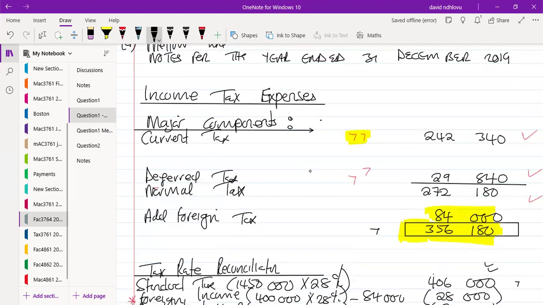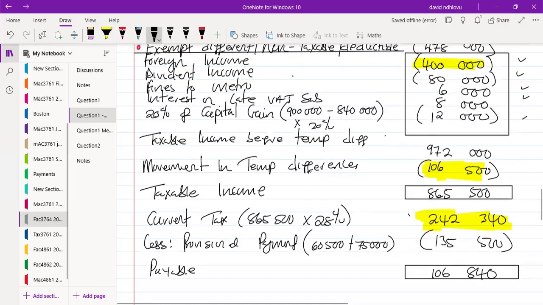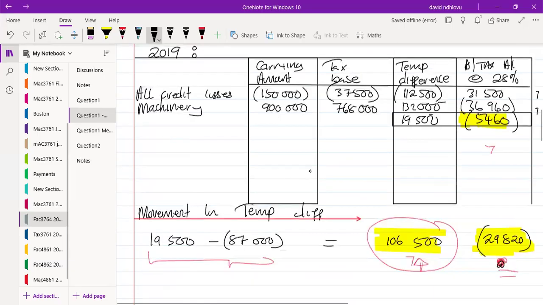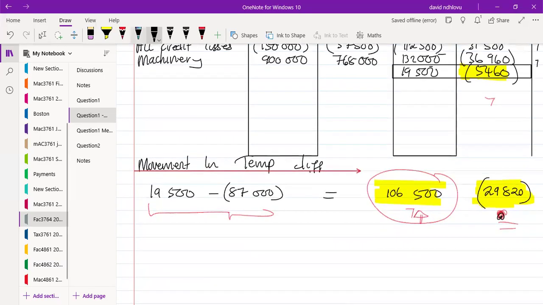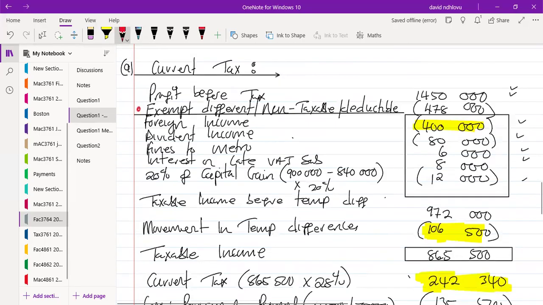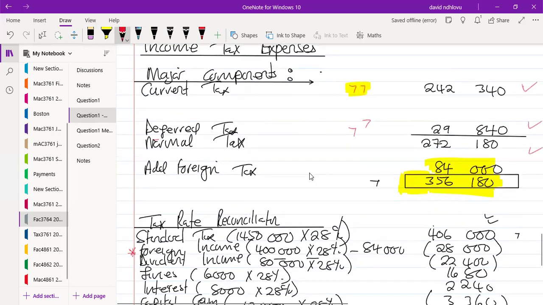Right, 242,340 plus 29,840. Right, I got that. But let me just double check here. Right, the mistake is coming from here. This is 29,820. So that should have been 29,820, not 40.